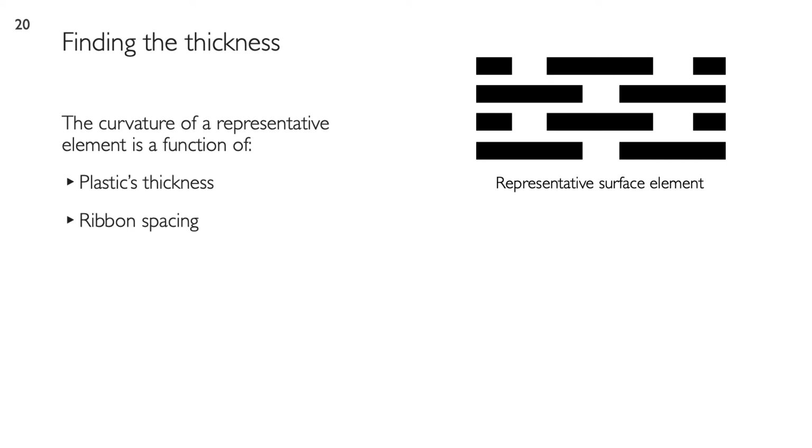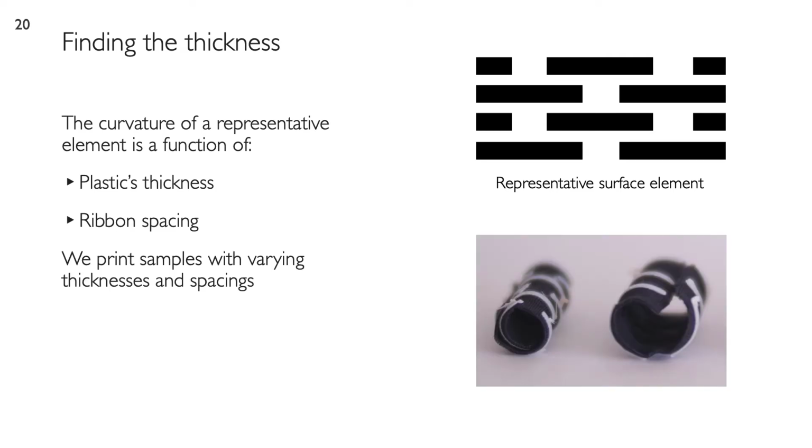To invert this function and find the thickness as a function of the local curvature and spacing of ribbons, we print various samples and measure their curvature so as to build a database of varying curvature, thickness, and spacing. And we just use that database to look up the thickness as a function of the local curvature and spacing.